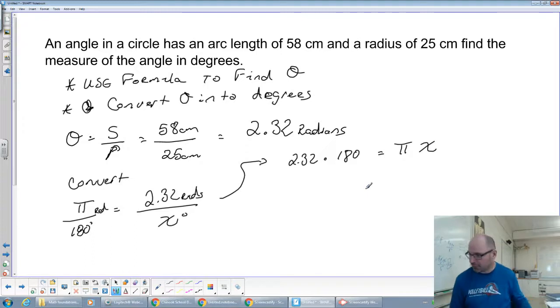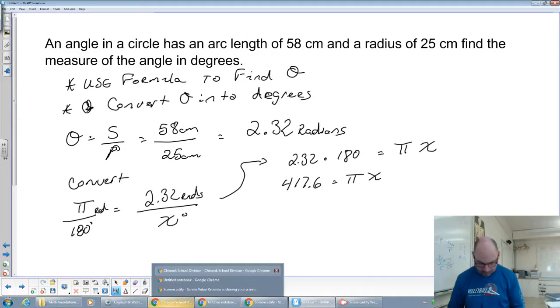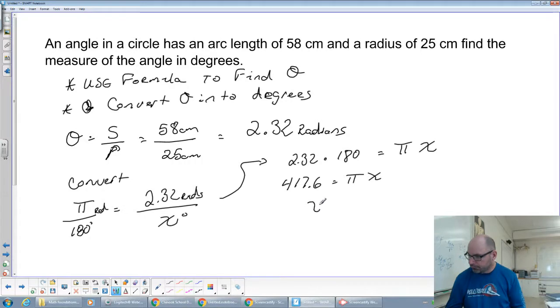So 2.32 times 180 is 417.6. Then divide both sides by pi, and to the nearest degree, I get 133 degrees.